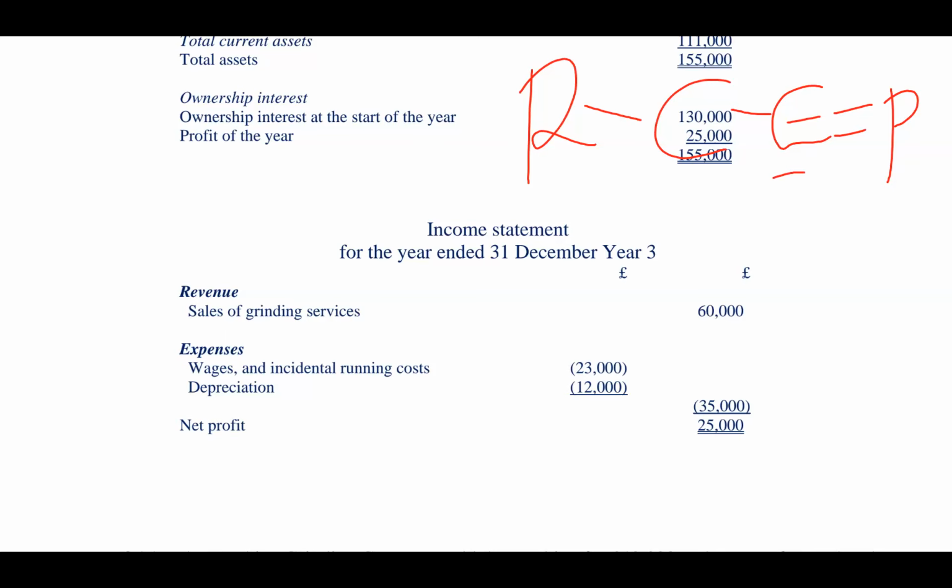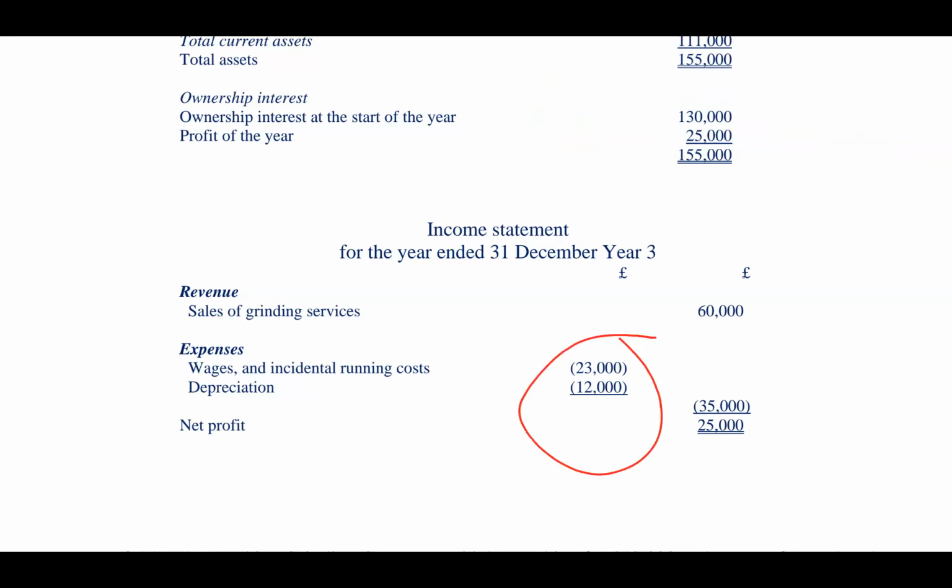So they just said our revenue, which is 60,000 at the start of the year as well, because that's the profit as well. If you know that, you don't even have to calculate. You less the expenses, and you have to include depreciation.